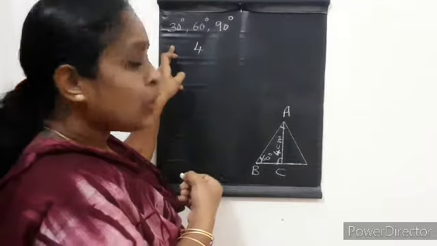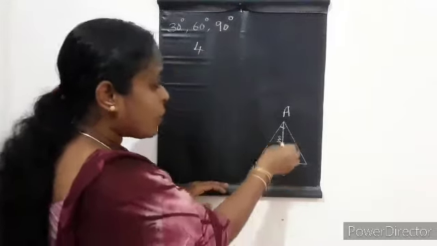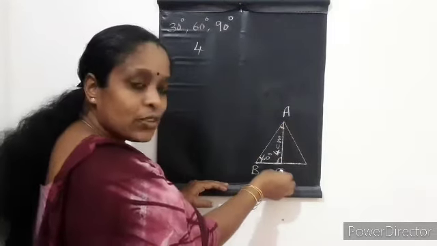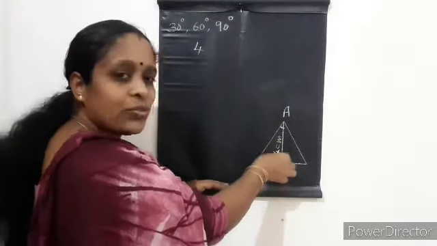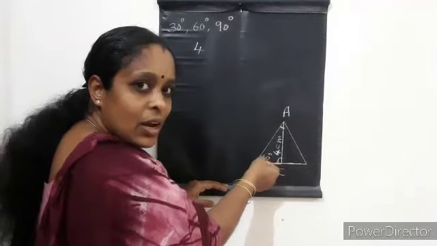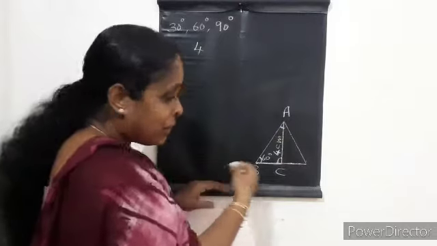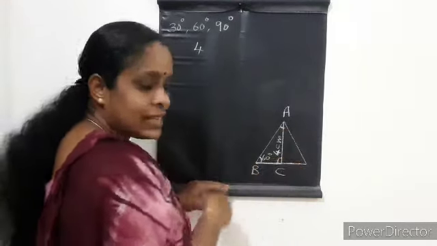So if you know the side opposite to 30 degree, that is if you know the length of BC, how can we calculate the length of AC? It is the side opposite to 60 degree. We multiply this length by root 3 to get AC.